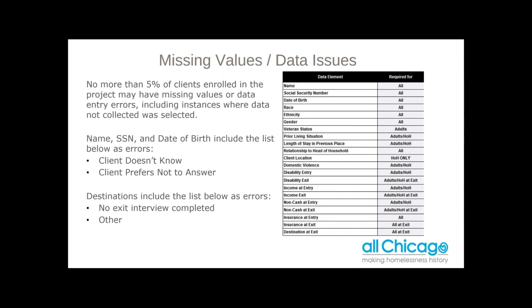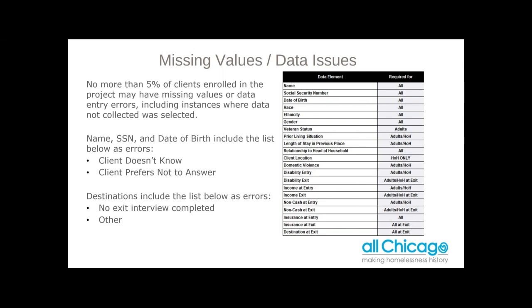One thing to also notice in the data element column is that towards the bottom, you have data elements for disability, income, non-cash benefit, and insurance. All of those have a time period in which the data is applicable.